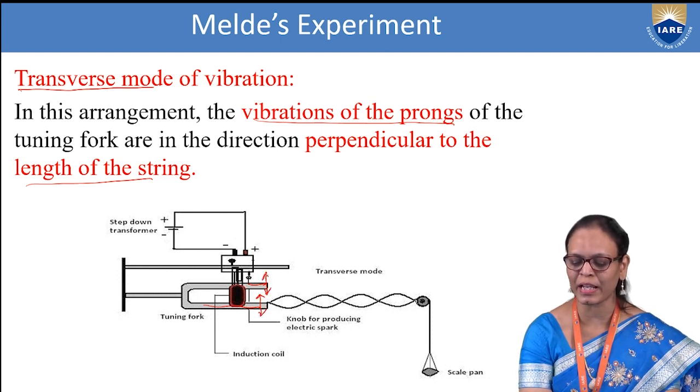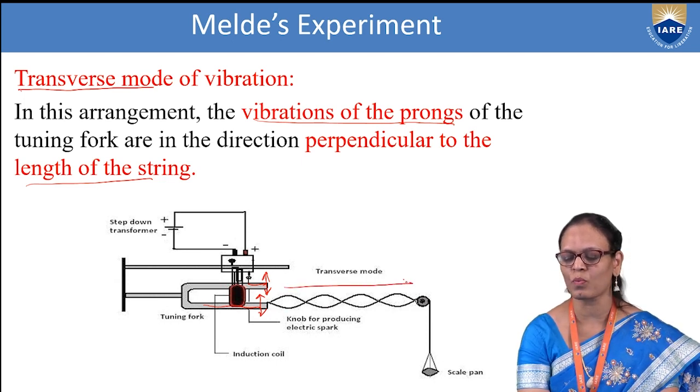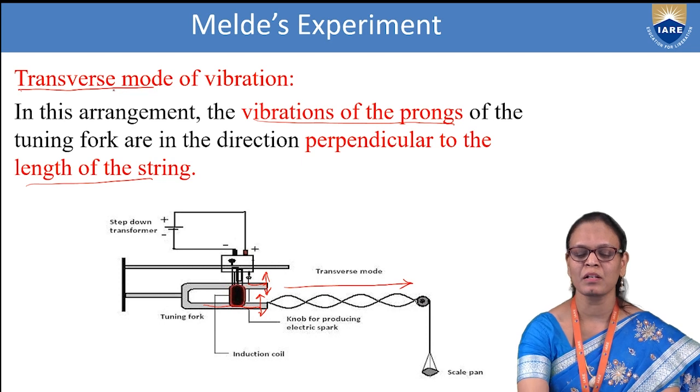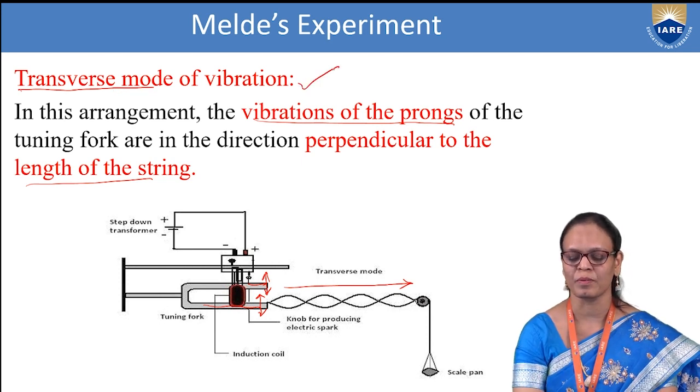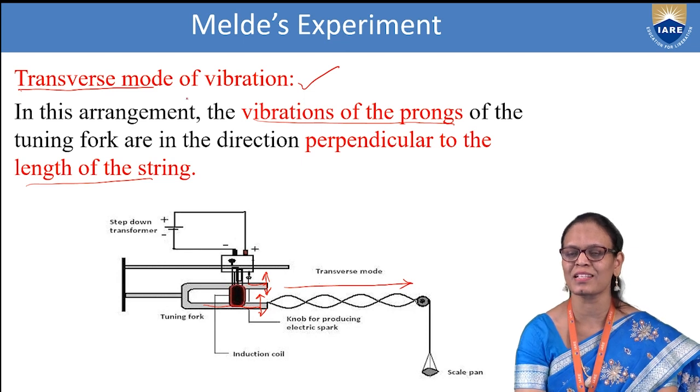If the prongs vibrate perpendicular to the length of the string, then we have set it up in transverse mode of vibration. How do you remember it? You can think that the tuning fork is placed parallel to the length of the string. Then you say it is transverse mode.